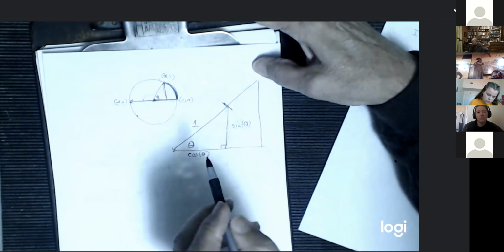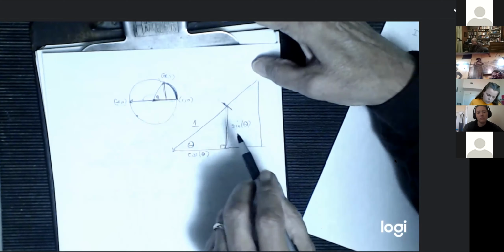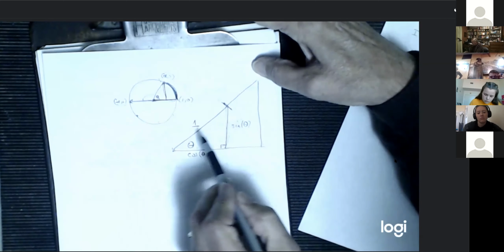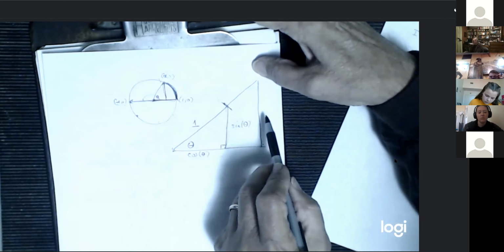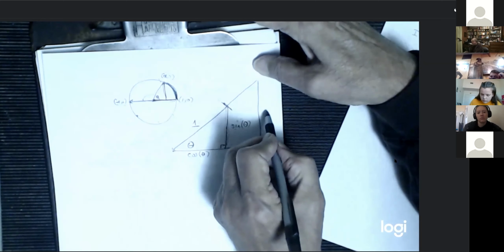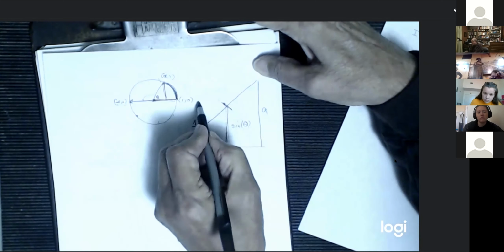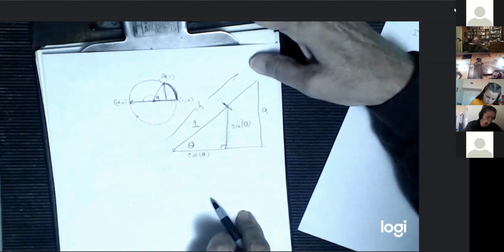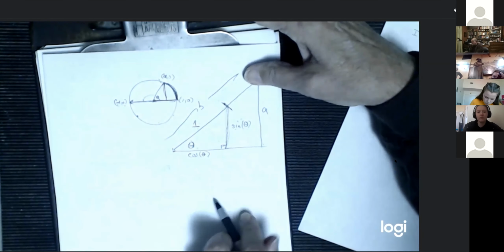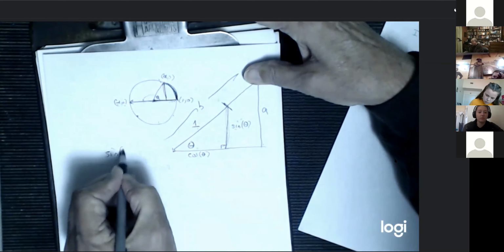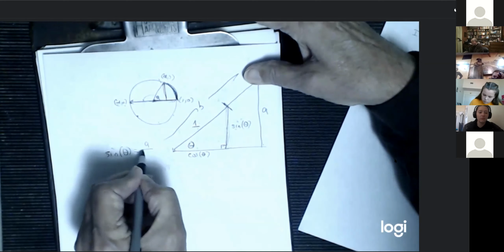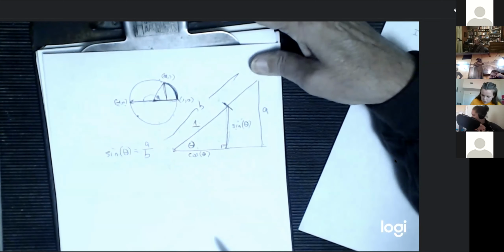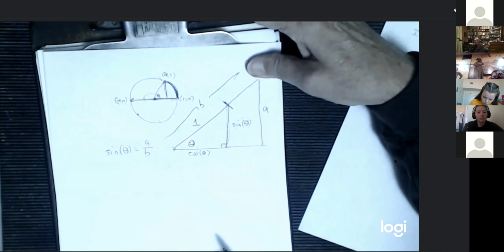But it turns out that triangles that are similar have common ratios. So if I call this distance A and this distance here B, if you can see roughly what I'm trying to write, it turns out that the sine of theta is also A over B. It's the opposite over the hypotenuse.